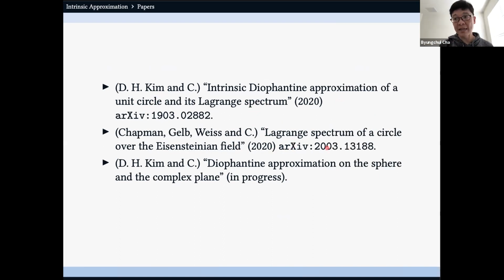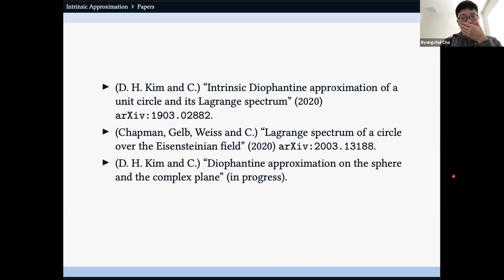And then later in the talk, I'll give you a progress report on the ongoing work on Diophantine approximation of spheres, two-dimensional spheres. That paper has not been completed yet, so it's coming hopefully soon.